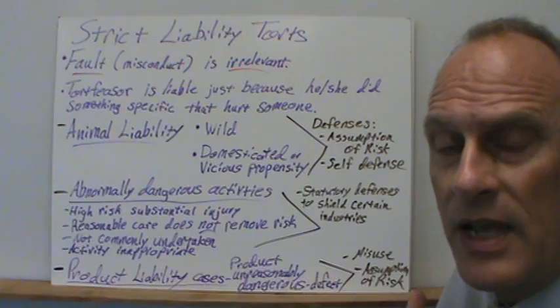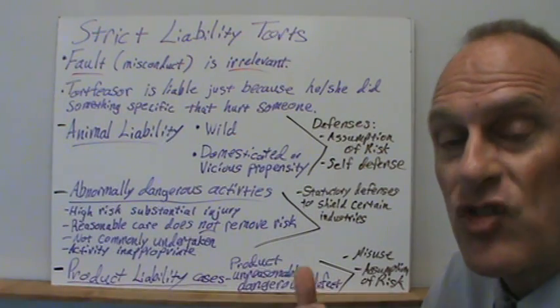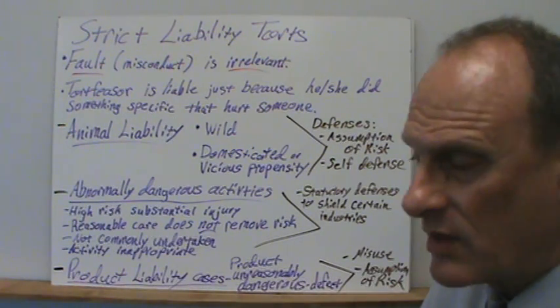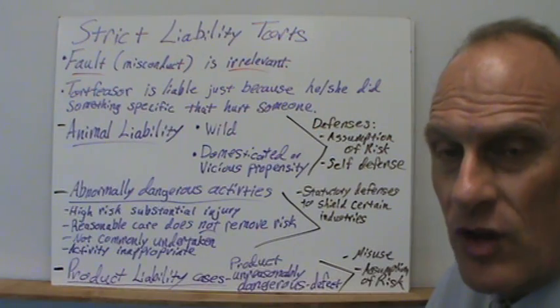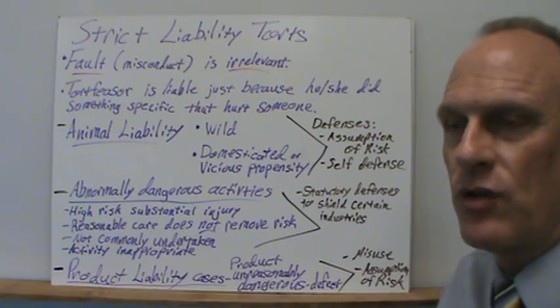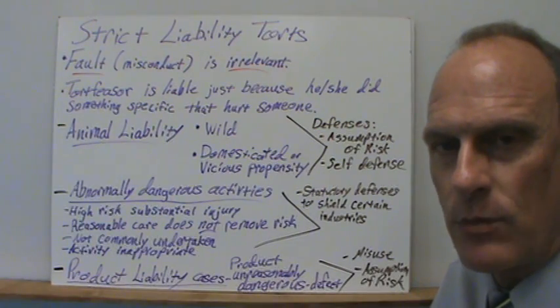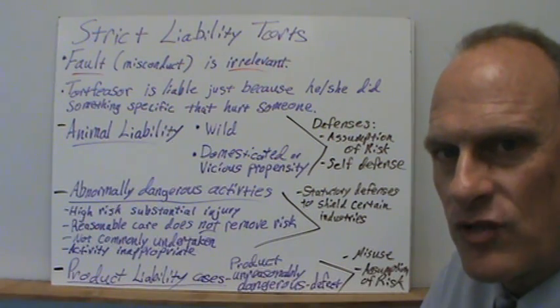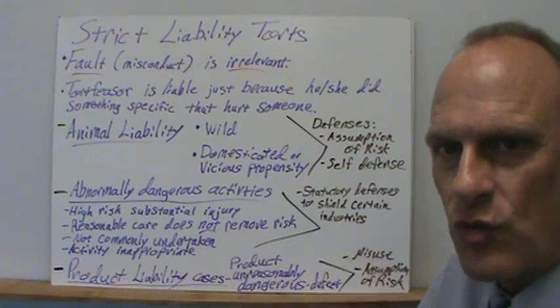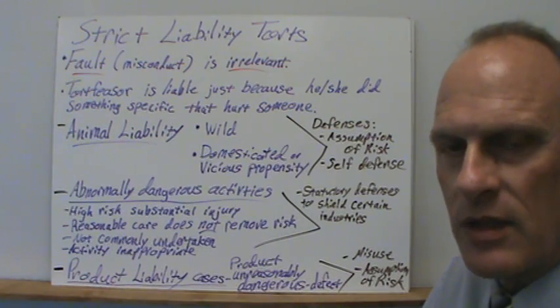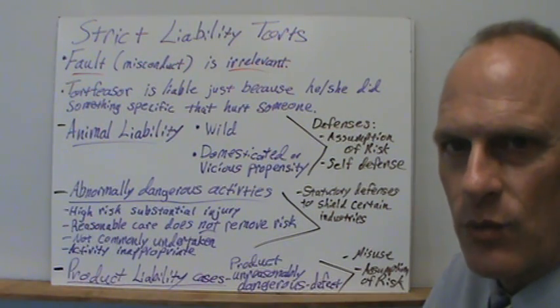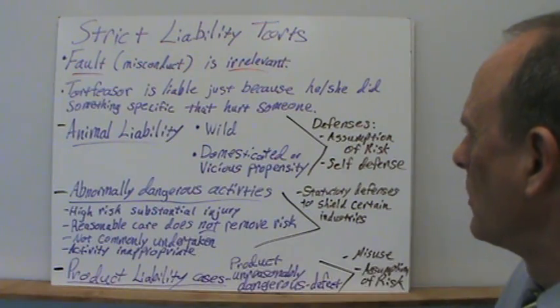If you're injured by a wild animal that someone owns, we're not talking about a wild animal out in the wild, but a wild animal that has been captured and ownership claimed over by someone, and that animal hurt someone, that owner is going to be strictly liable because under the law, there's no safe way you can really keep a wild animal.